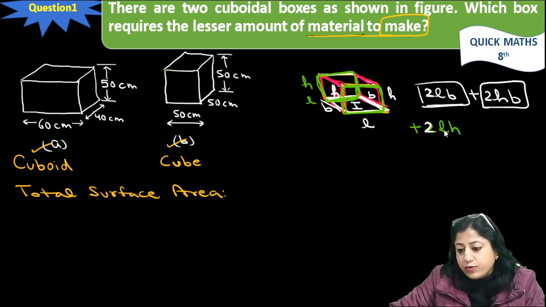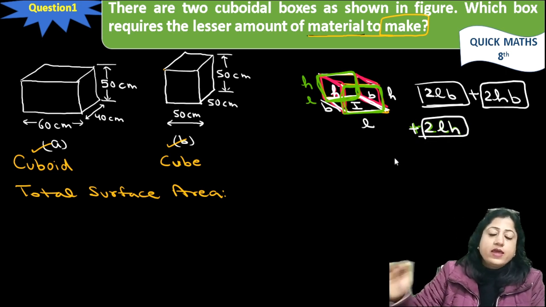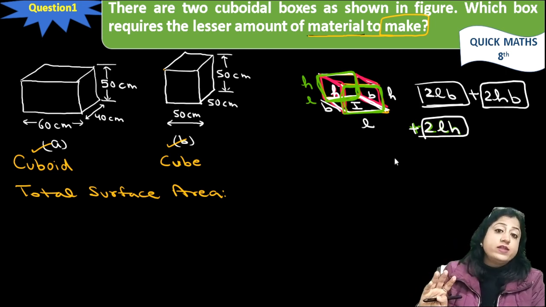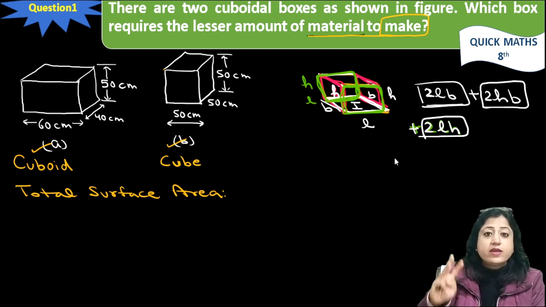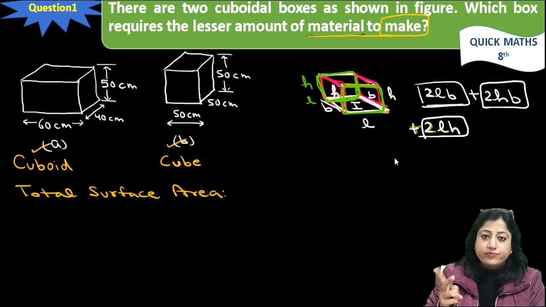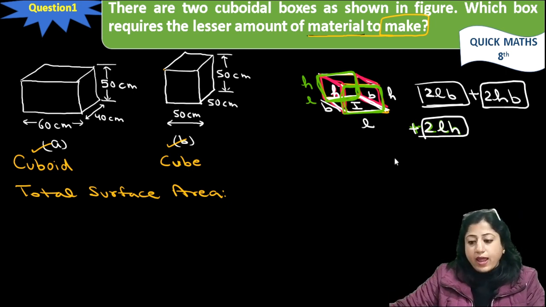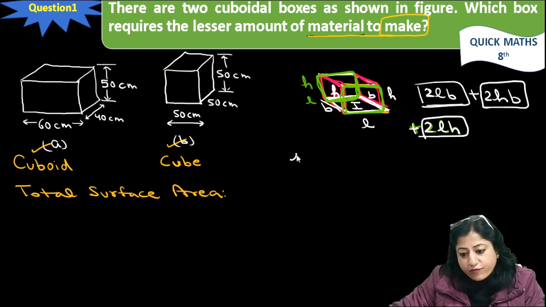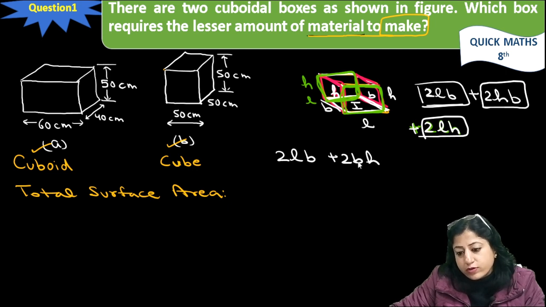In a simple way, we can say that in the cuboid there are 6 faces in total, which form 3 pairs of opposite faces. The first pair is LB, and it is double. The second is BH, also double because of 2 faces.